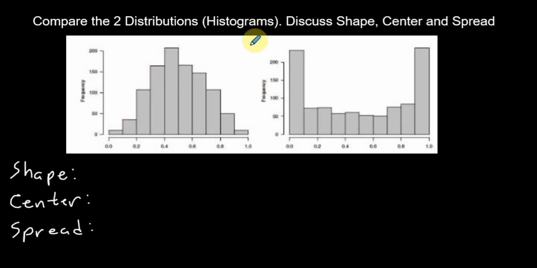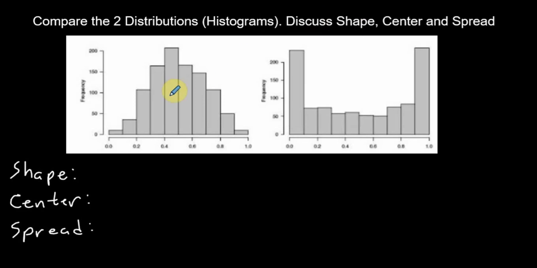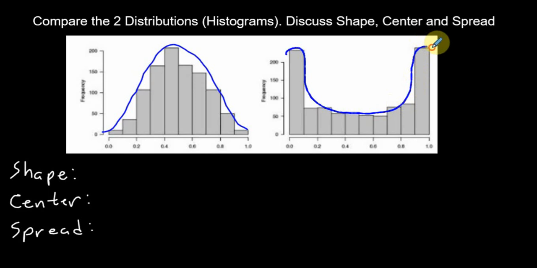Okay, so again, for shape, let's draw our curve in. If I draw my curve, it looks roughly symmetric. And for this one, it's a very strange looking one, but it looks symmetric. You think about drawing a line in the middle and you fold, it's a good match.